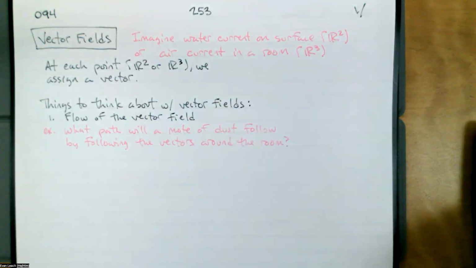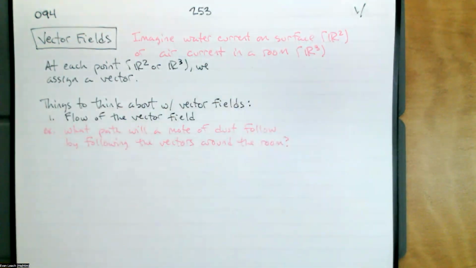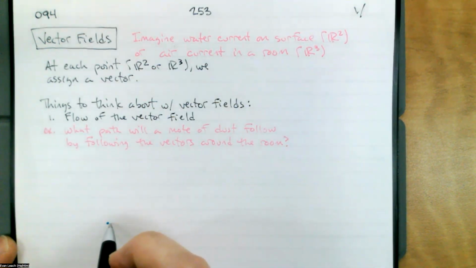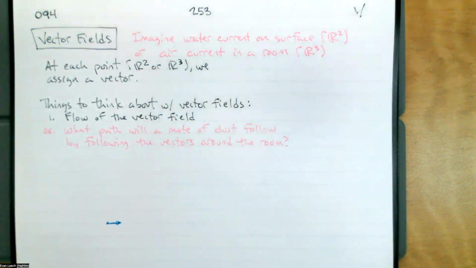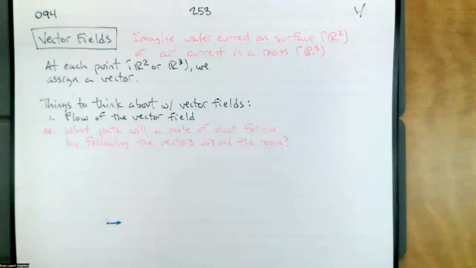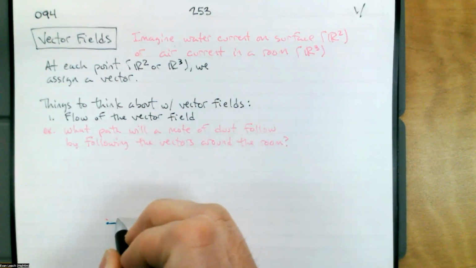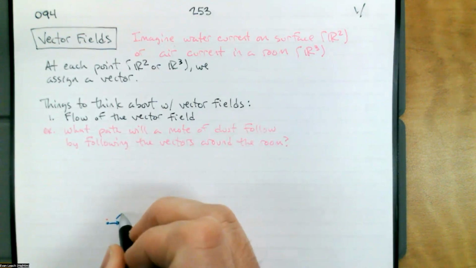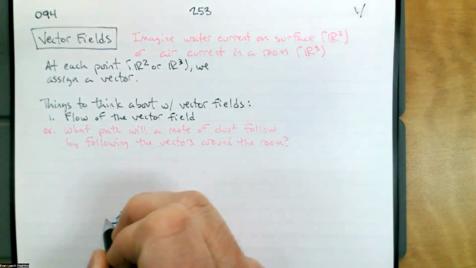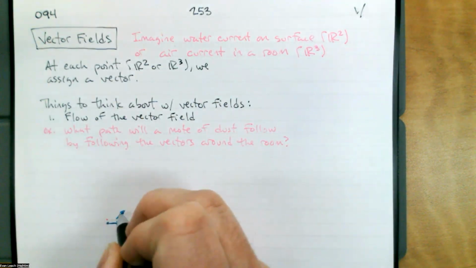So for a more visual example, let's suppose that at this point, the vector field is kind of going horizontal. And so we imagine a little piece of dust. It starts off moving horizontal, but then a little bit later, the vector field has curved. And so the dust kind of curves up a little bit.